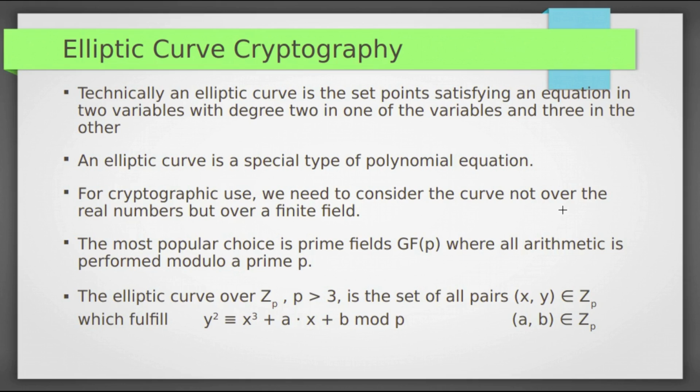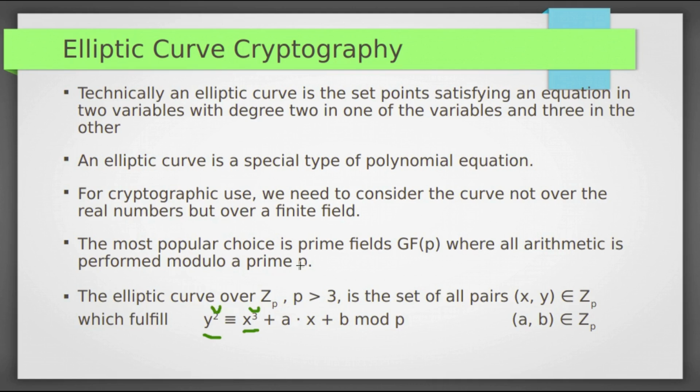Technically, an elliptic curve is the set of points satisfying an equation in two variables with degree 2 in one variable and 3 in the other. Here degree 3 is for variable x and degree 2 is for variable y.